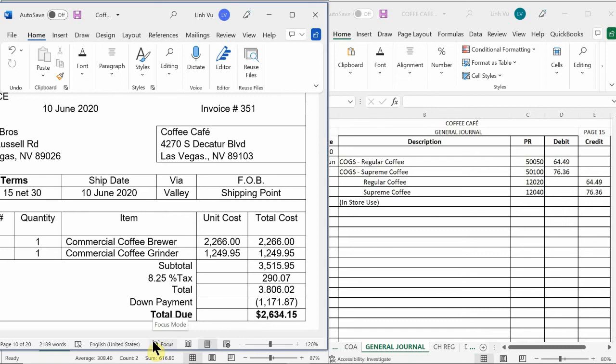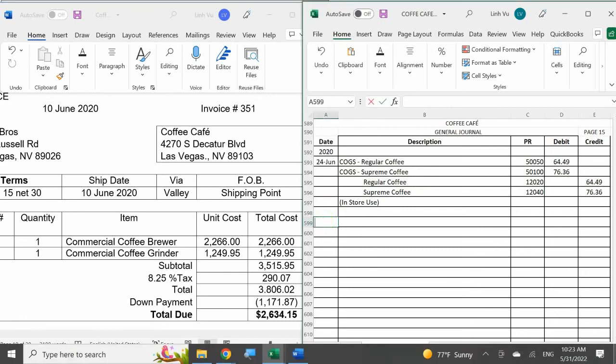No. That's an asset. So we received a bill, but we also received the coffee brewer and the coffee grinder. However, we didn't pay for the full amount, right? We received a bill, and we chose to not pay now. We chose to pay later. So what account did we associate with that? Accounts payable. We're making a payment for what we owe. So in this case, we're going to reduce it.